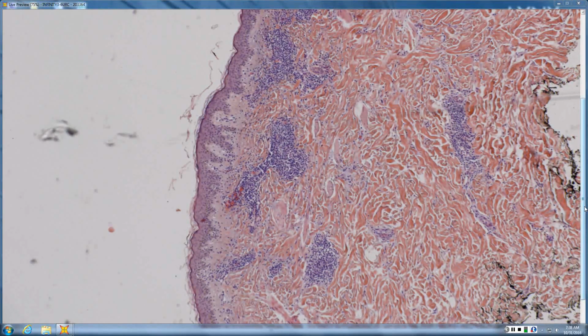So that can be a figurate or gyrate erythema. Superficial scaly gyrate erythema is EAC, and then you've got lots of other gyrate erythemas, some of which are perineoplastic.